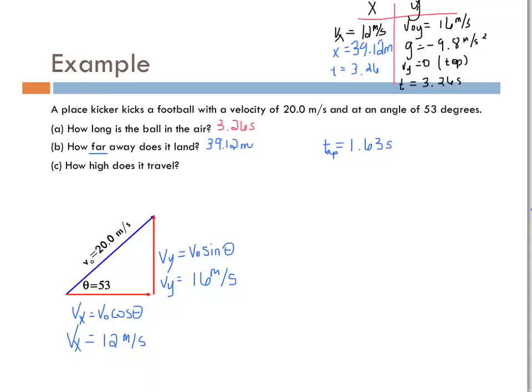So the displacement in the y direction is going to help me figure out how high it traveled if I shorten the time down to just the time that it reached its maximum height. Remember here, you need to make sure that you're using the velocity in the y direction initially to solve for our displacement in the y direction. When we put all of our values in, you should calculate a displacement in the y direction of 13.1.